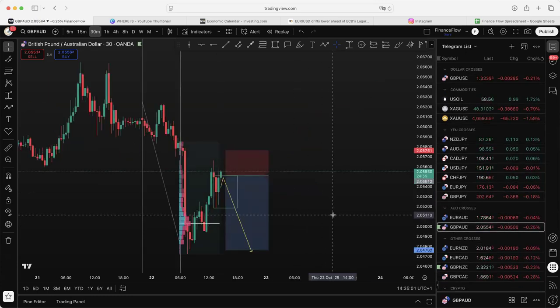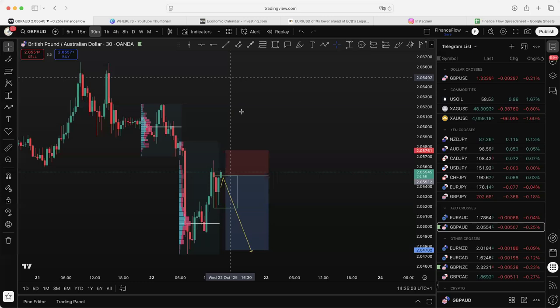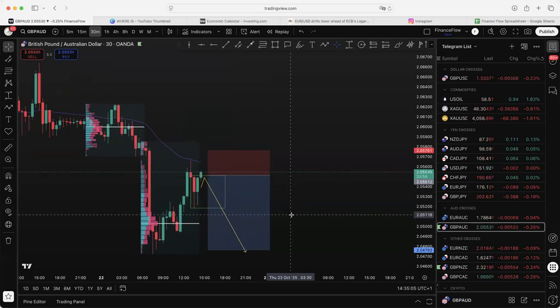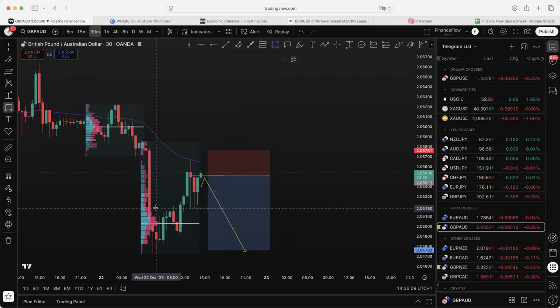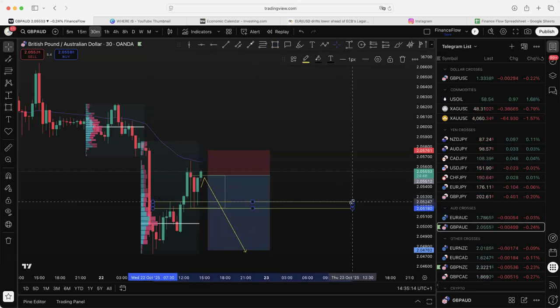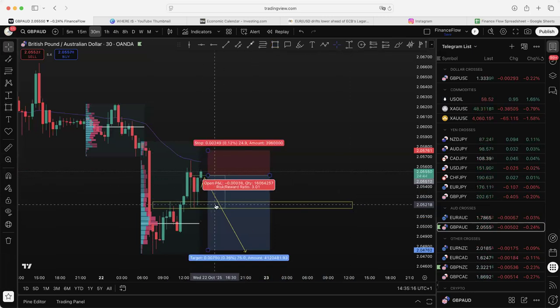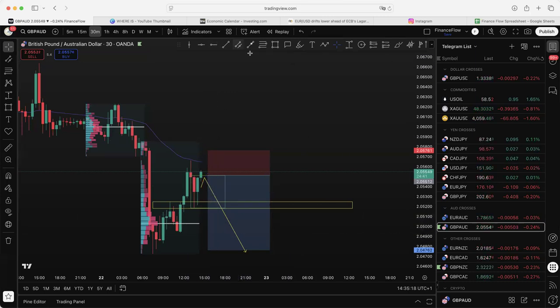So for example, if you look at GBP AUD here, if I was looking at this here, I'm going to be wary around this area here. If we turn around into profit, I'm going to be wary of this area here. Yeah.